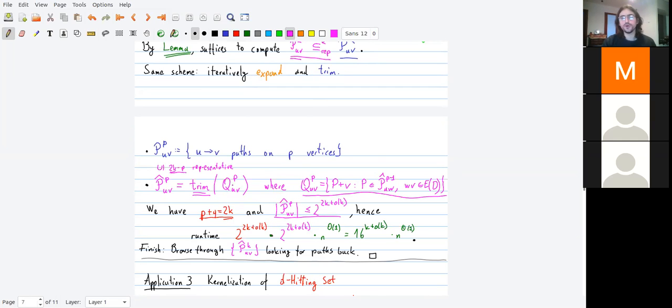So the running time of each of these trimming steps is 2^(2k + o(k)) times linear in the size of the family, which is again 2^(2k) times polynomial in n, because this is the number of families that we compute. And this boils down to the 16^k that I was promising at the beginning.